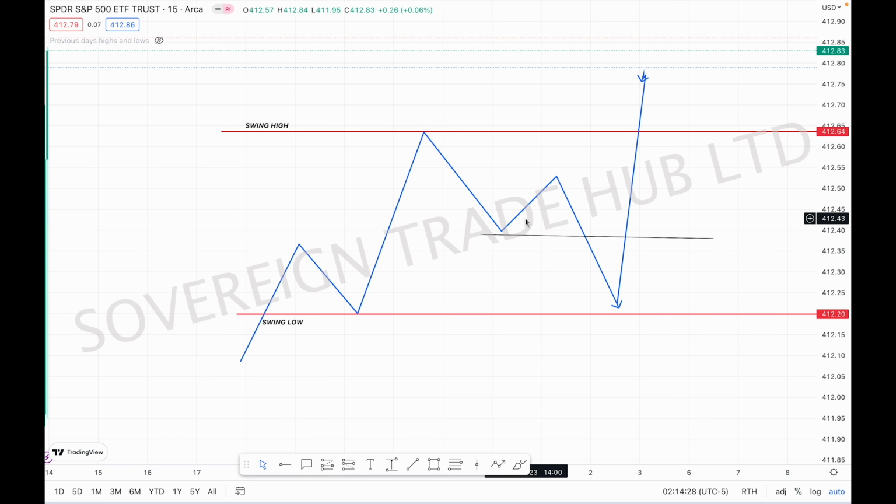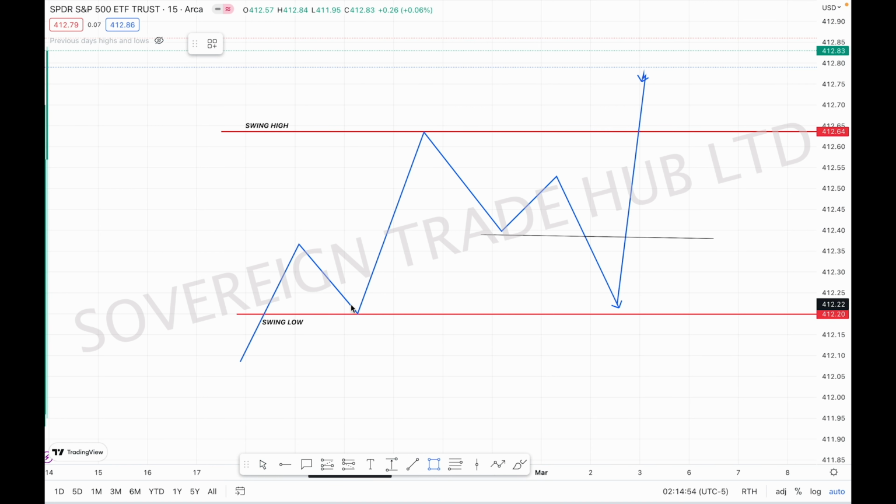Why? Because it is contained within a structure high and a structure low. This is a structure high, this is a swing high, and this is a swing low. So this is not a valid break that should alter the overall flow because it is contained within a structure.